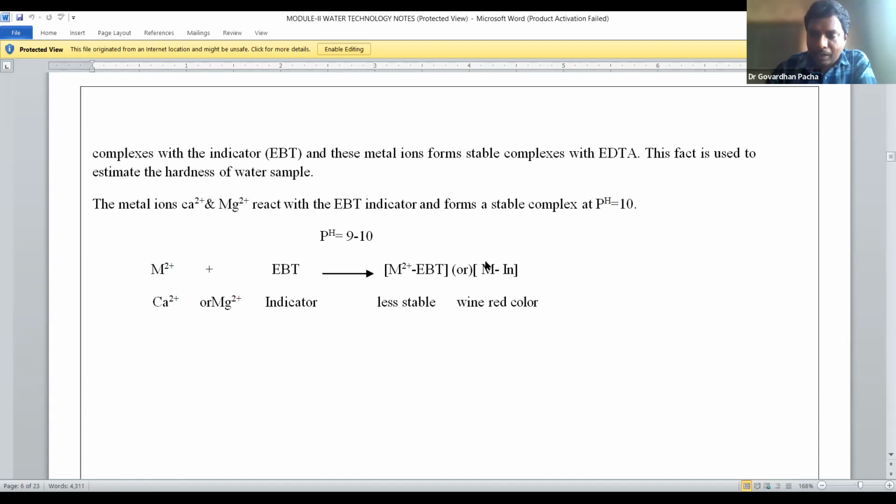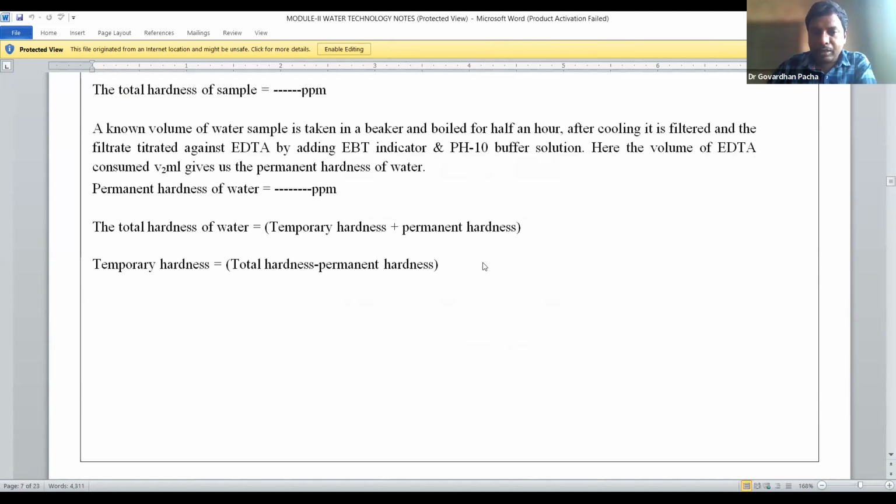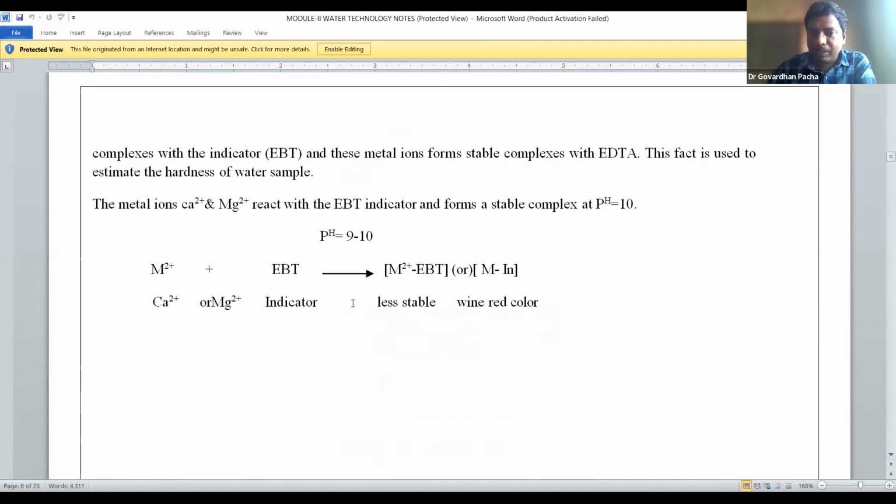From the metal EDTA complex, we determine the amount of hardness present in the water sample, both total hardness, temporary hardness and permanent hardness, within the ppm range. Okay, ma? So this is about the principle involved in the complexometric method. This is the principal equation.